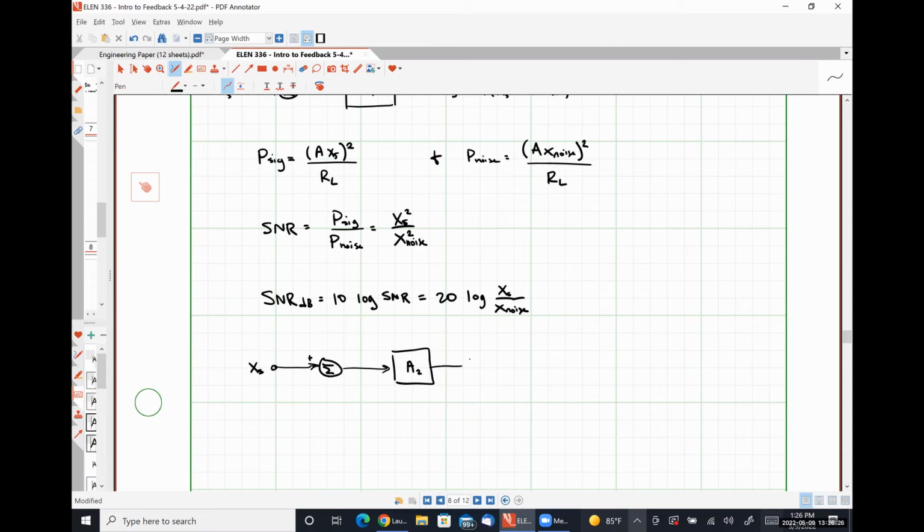The output of A2 gets mixed together with our noise signal, which in turn gets sent to amplifier A1, our noisy amplifier. Okay. Here's our output Y.